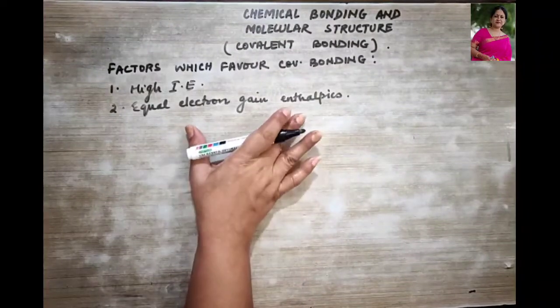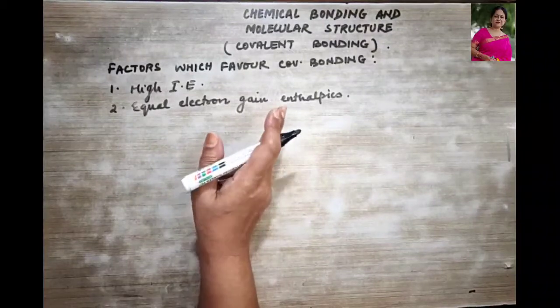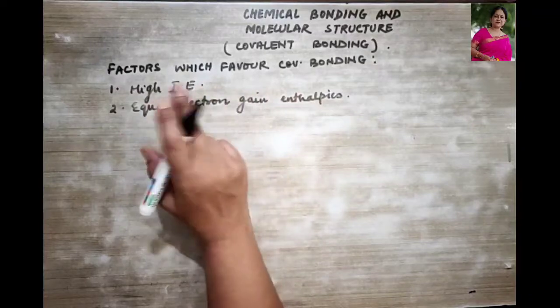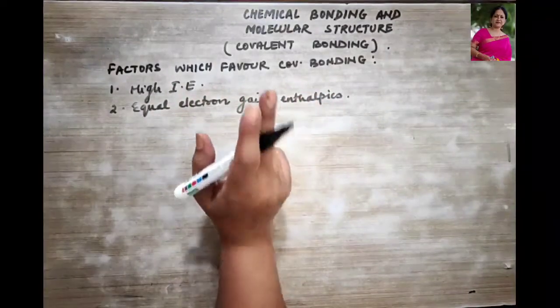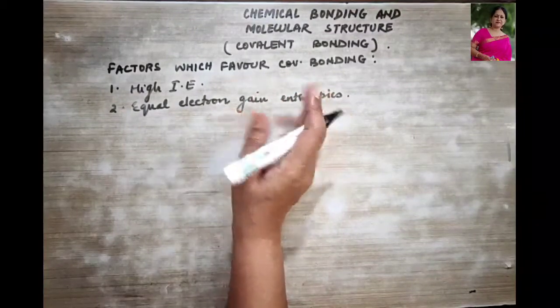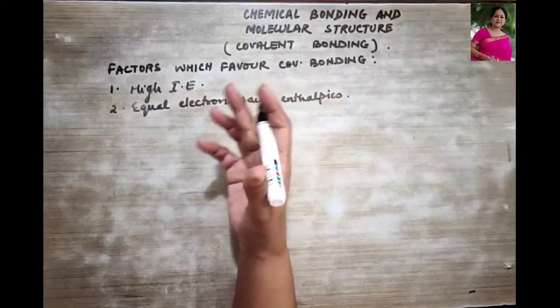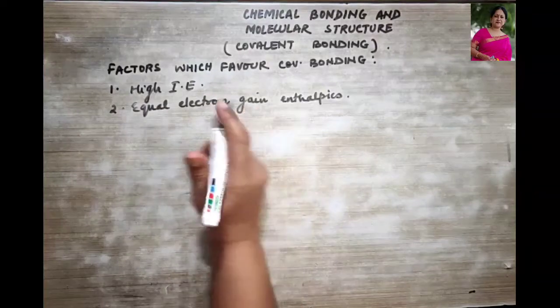The formation of the covalent bond is always favored when the combining atoms have equal electron gain enthalpy. What do we mean by equal electron gain enthalpy? It means equal attraction for the electrons. Both the atoms, the non-metals, should have equal attraction for the electrons.